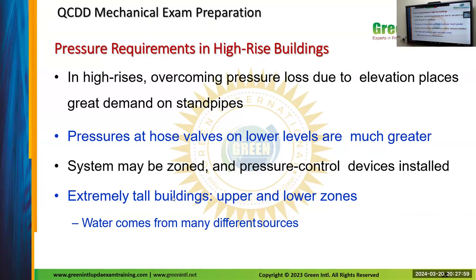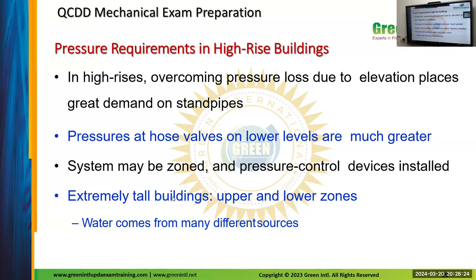Pressure requirements in high-rise buildings. In high-rise buildings, we must overcome the pressure loss due to elevation and the great demand on standpipes, pressure and hose reels on lower pipes. The system may be zoned and pressure control valves will be installed. This is what we discussed previously. There will be a zone control valve and pressure control devices like PRV, NRV installed along with these zone control valves.